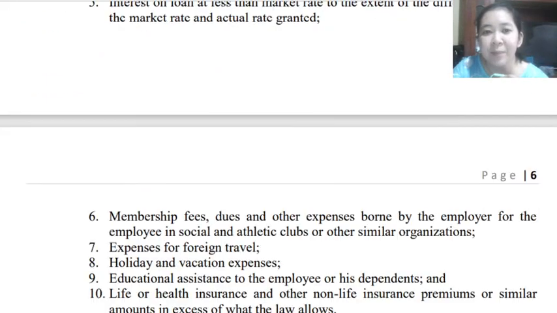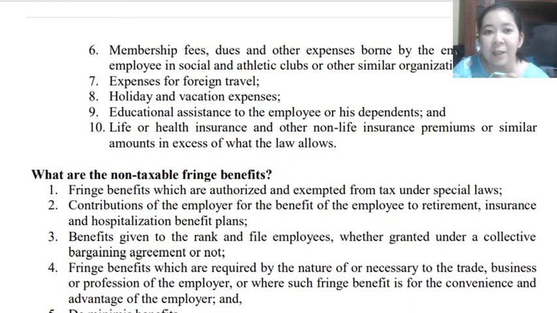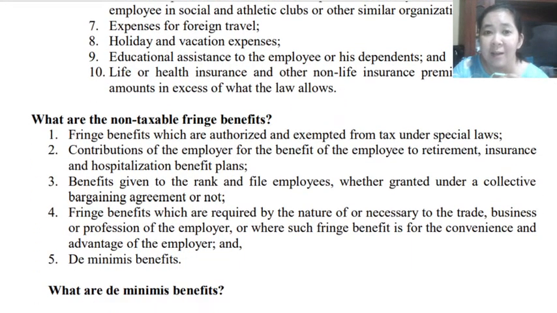Okay, so what are the non-taxable? Or the question is, are fringe benefits taxable? So we have here the following. Okay, so a fringe benefit is non-taxable if these fringe benefits are authorized and exempted from our tax or special laws.